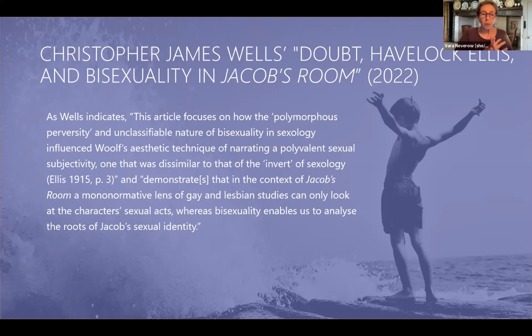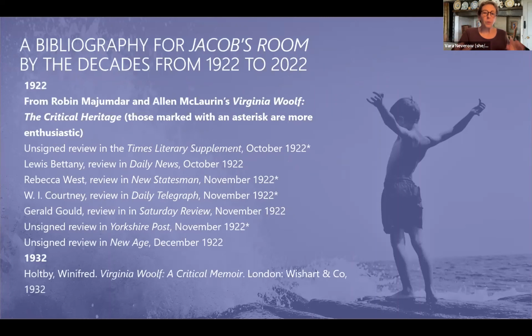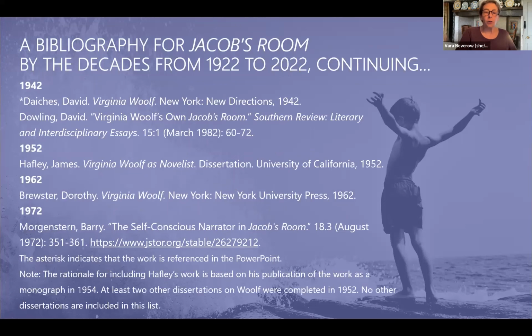So to sum up here, the shifting approaches to the critical reception of Jacob's Room reflect and reveal not only the cultural capital of Woolf's work, but also the historical, theoretical, and aesthetic context of an entire century.